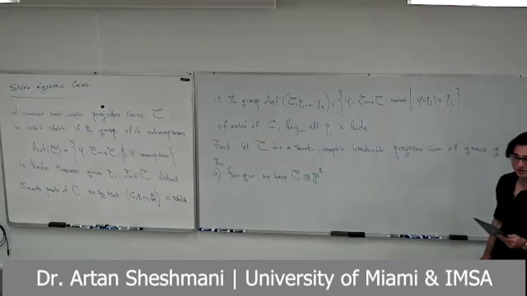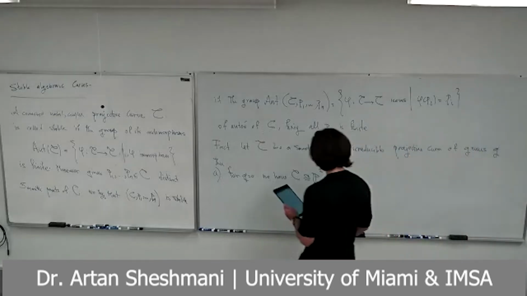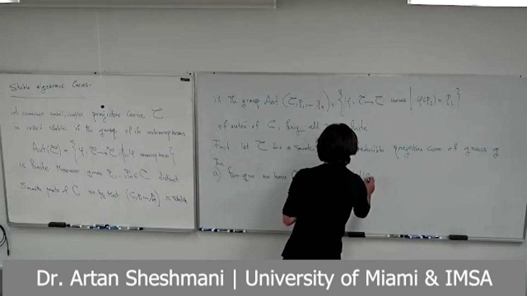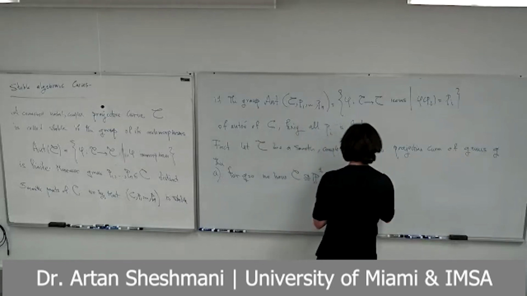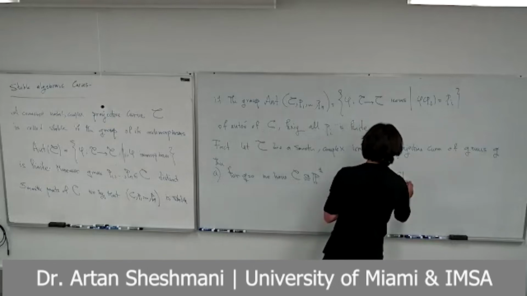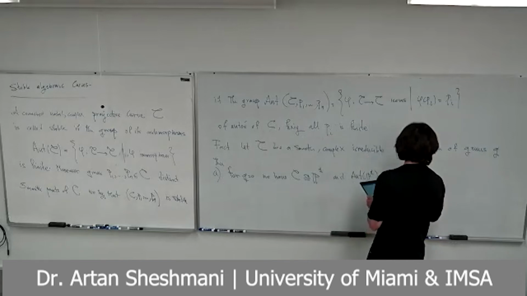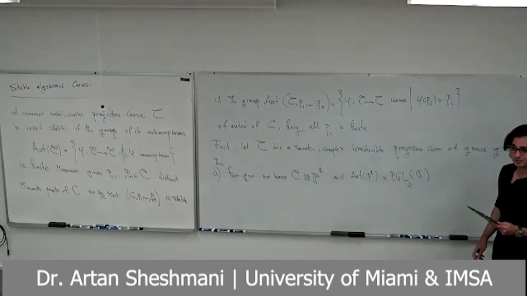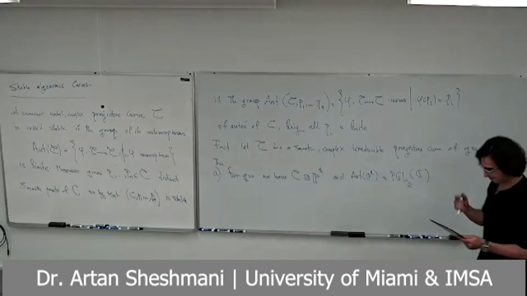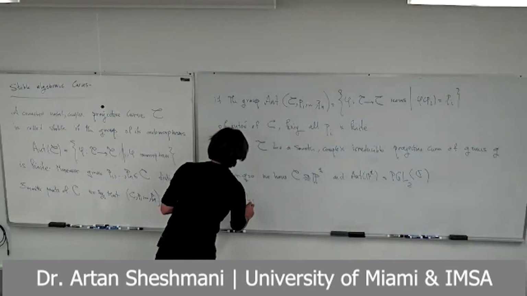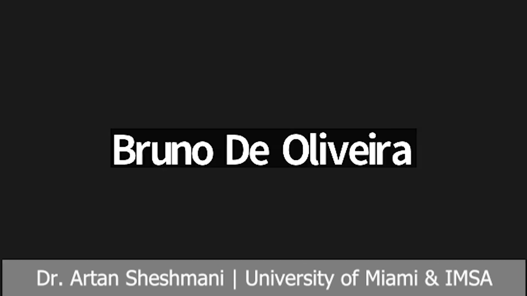is going to be, a smooth algebraic curve is going to be P1 for us, and the automorphism group of P1 is going to be given by the 2 by 2 projective general linear group over the complex numbers, PGL2C. This is something that undergraduate students often learn.